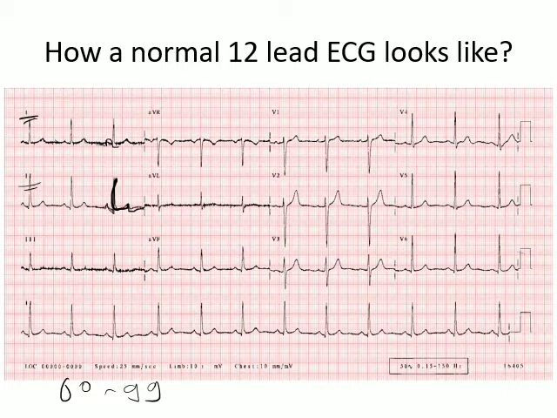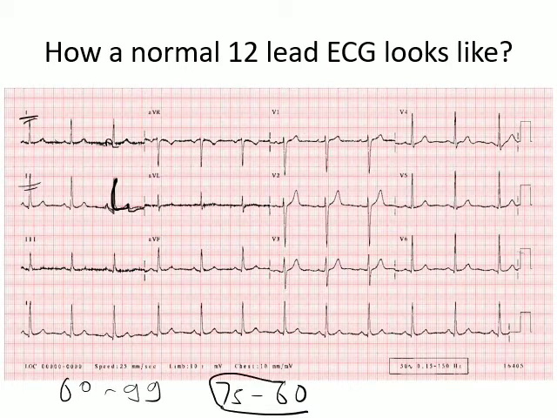As we figured out in this case, it is between 75 and 60. You can go into detail by counting the small boxes, but I would not recommend it at this stage, because in a normal heart rate it really doesn't matter how much it is. It may matter in some circumstances, but in a normal ECG it will not matter as much as figuring out that the heart rate is between 75 and 60 and the ECG is in sinus rhythm.